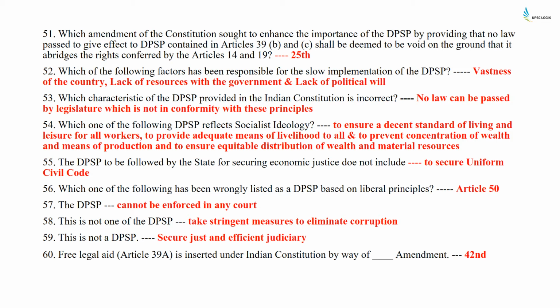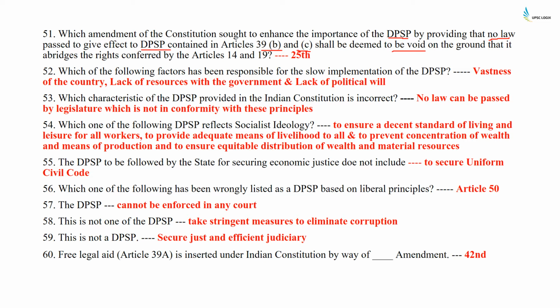Which amendment of the Constitution sought to enhance the importance of directive principles of state policy, and provided that no law passed to give effect to directive principles of state policy contained in Article 39B and C shall be deemed to be void?